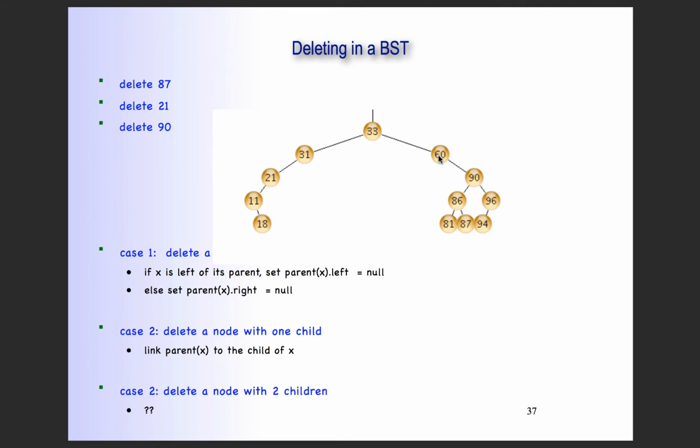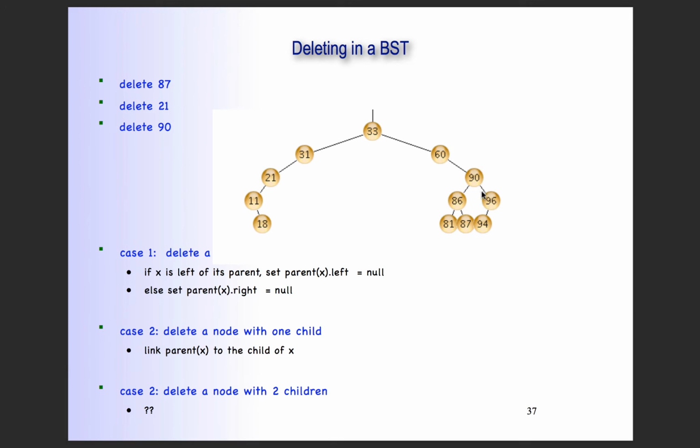In the previous case, there was only one child, so you are fine with that. You don't need to compare anything, because there is one child to link. But now you are deleting 90. Now you have to link 60 to one of them, 86 or 96. So you have to find out which one should be.